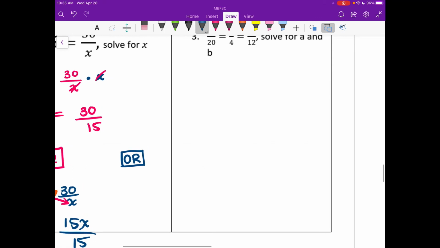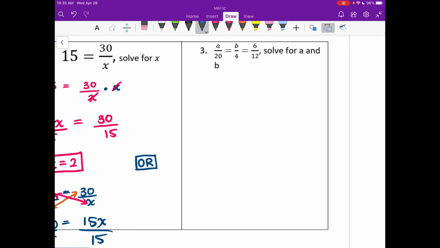Okay? So this is a over 20 equals b over 4 equals 6 over 12. A little bit more complicated because now I have like 3 equal signs, which is like, what? So what you can do here is, since all 3 of these are equal to each other, we can just use a over 20 and 6 over 12, and we can equate those to each other.